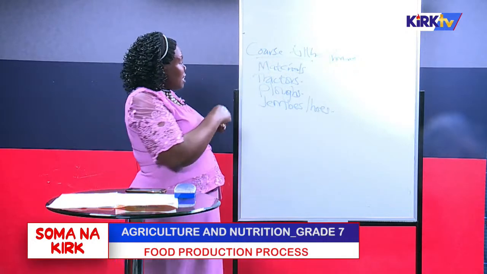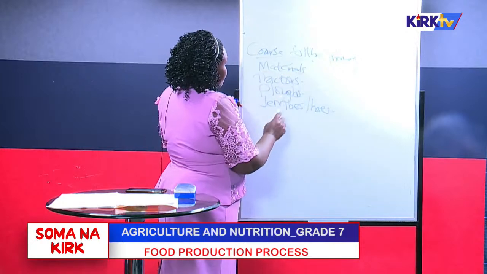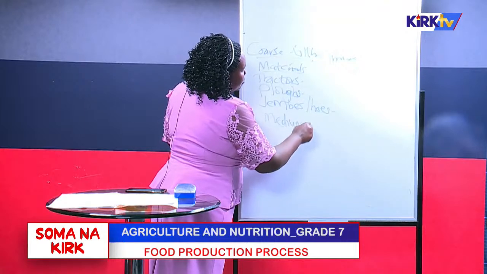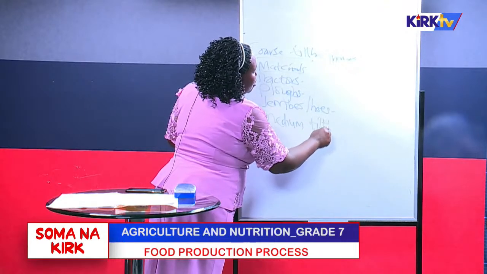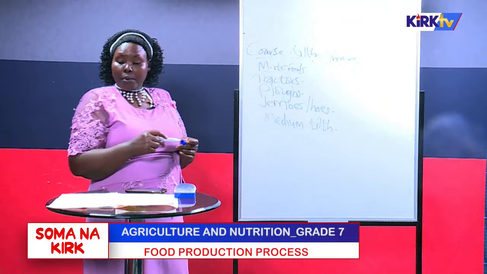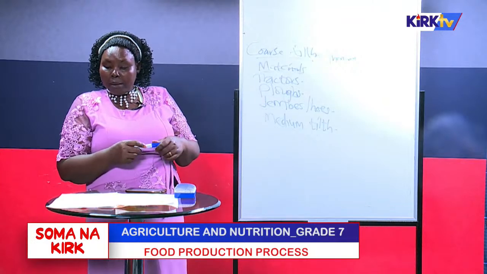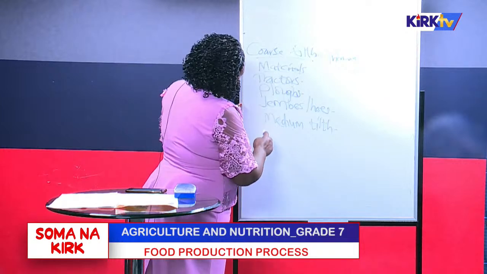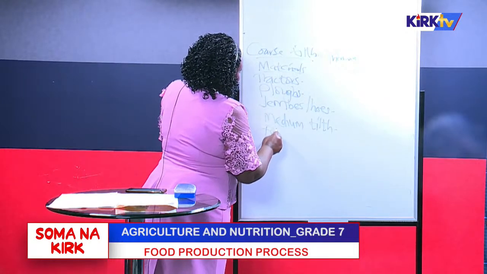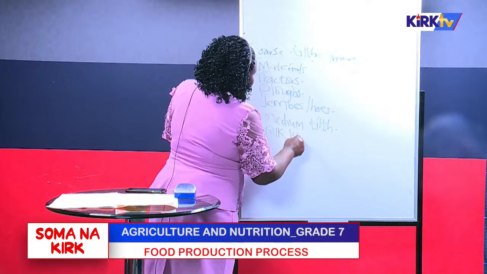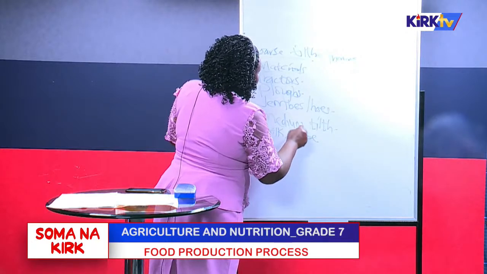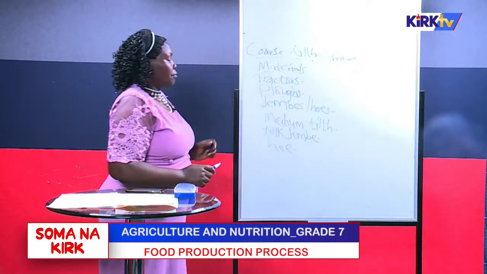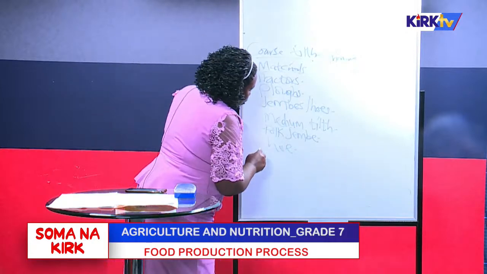Then the other materials that we use for medium tilth. The materials that are going to be used for medium tilth include the fork jembe, a hoe can also be used, and the back of the rake.